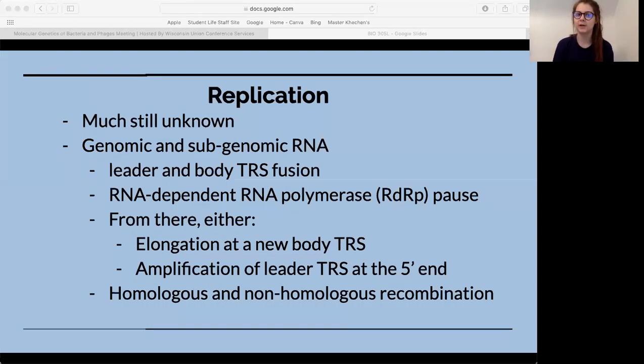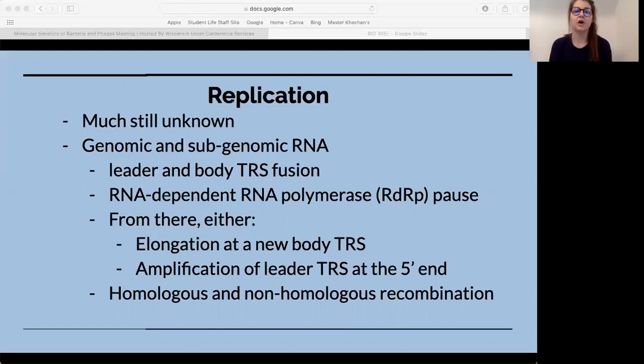So the subgenomic RNA is then what serves as mRNA for the structural and accessory genes. It has a leader and body TRSs, which are transcriptional regulatory sequences. So the leader and one of the body TRSs fuse during production of the subgenomic RNA.